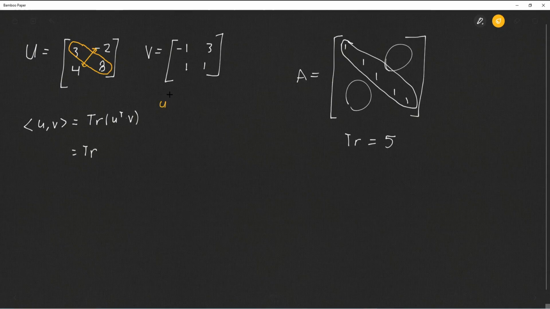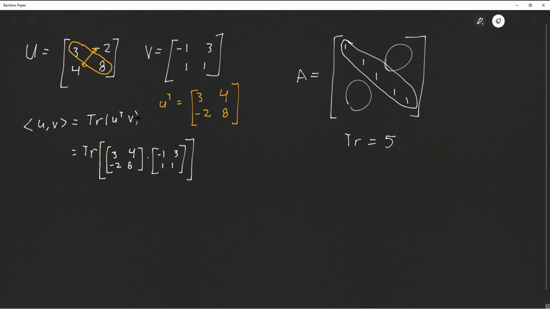So our u transpose will be equal to 3, 4, negative 2, and 8. So we're going to multiply 3, 4, negative 2, and 8 by our v, which is negative 1, 3, 1, and 1, because our v does not change.